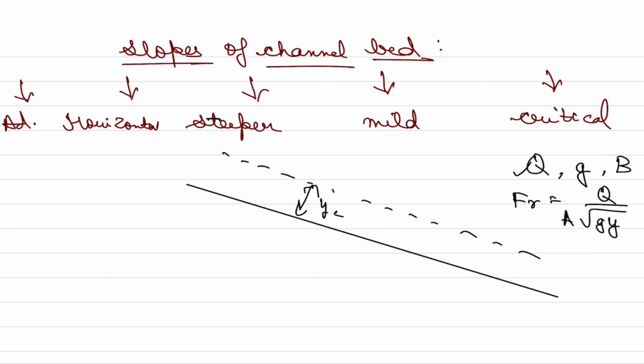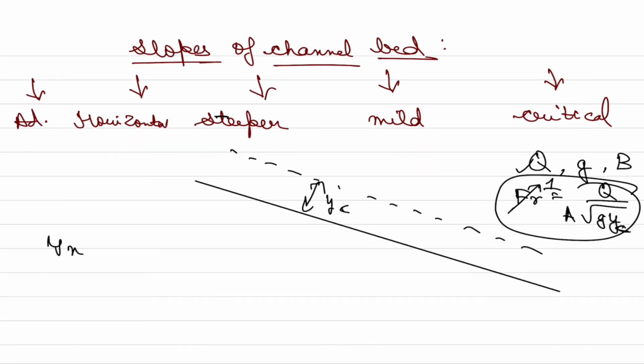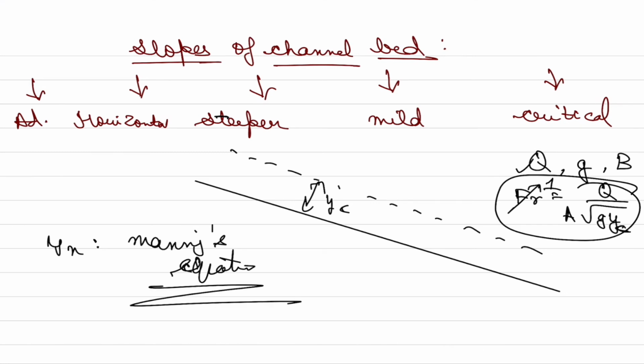So we can always solve this equation because at critical depth Froude number is equal to 1. The YC that we get would correspond to our critical depth. Similarly, we can calculate normal depth using Manning's equation, and we have already understood the use of design charts, or the three methods which include hit and trial, numerical approximation techniques, and finally the design graphs that are available to us.